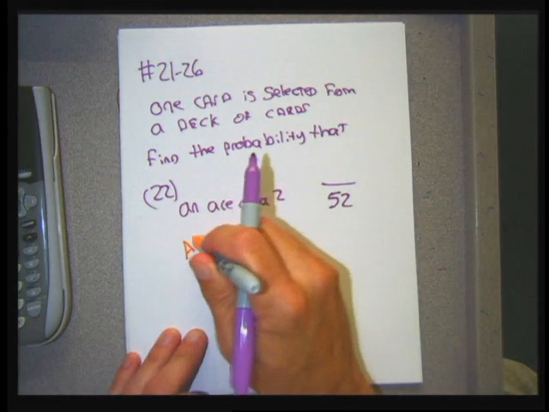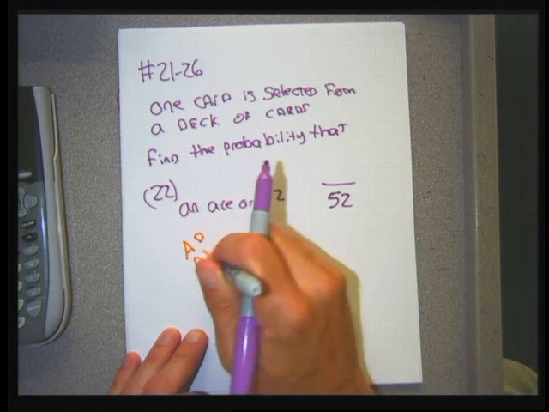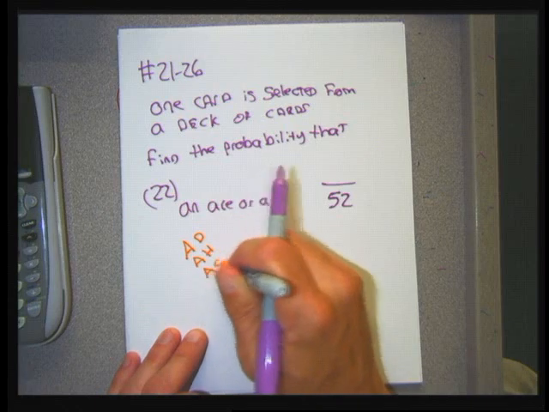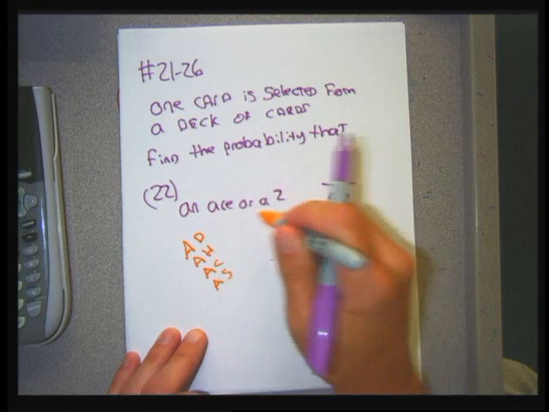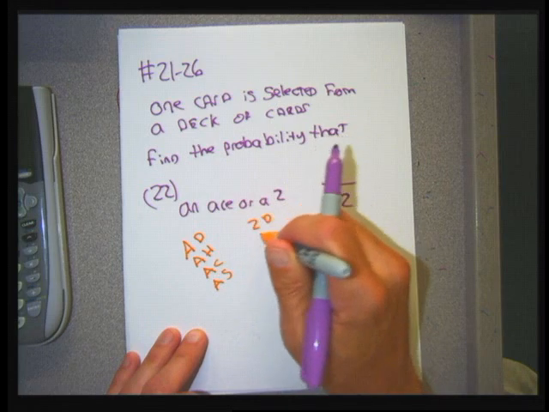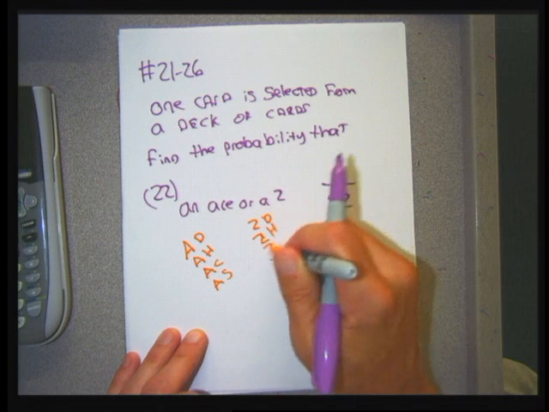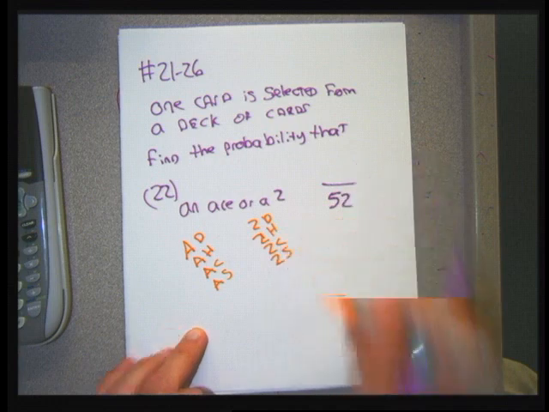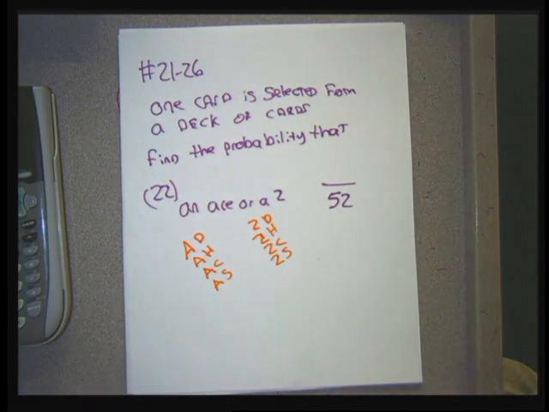So that would be the ace of diamonds, the ace of hearts, the ace of clubs, the ace of spades, and then the 2 of diamonds, the 2 of hearts, the 2 of clubs, and the 2 of spades. So there's 8 cards in the deck that are either an ace or a 2, and drawing any ace or 2 would be a successful result for this experiment.